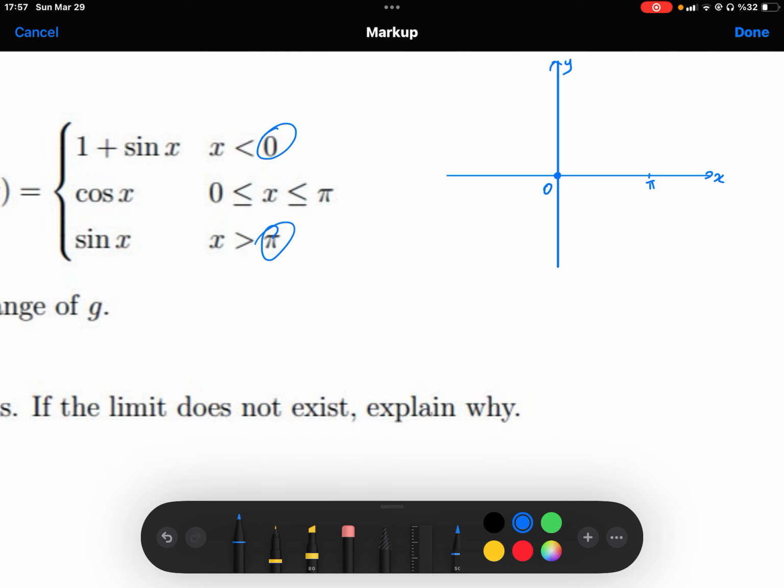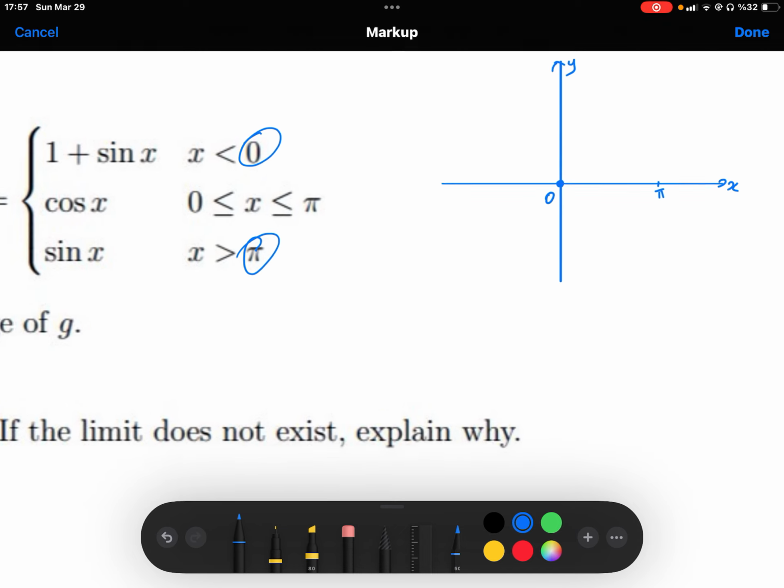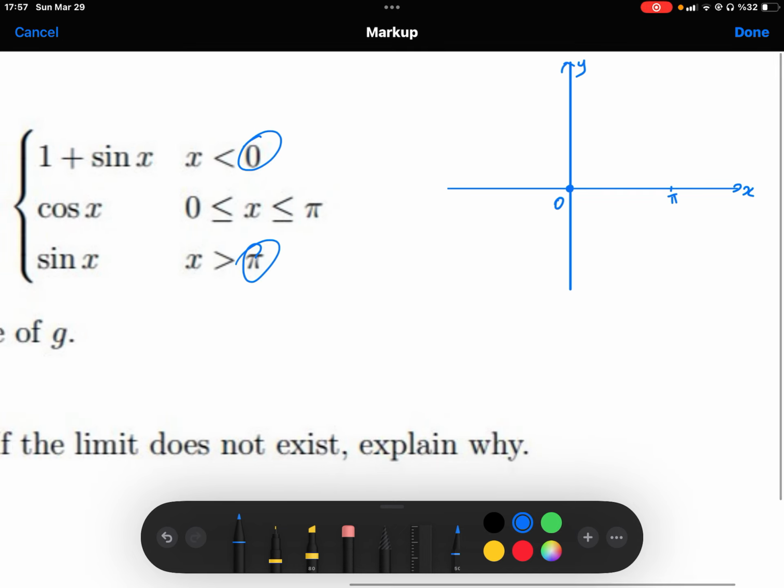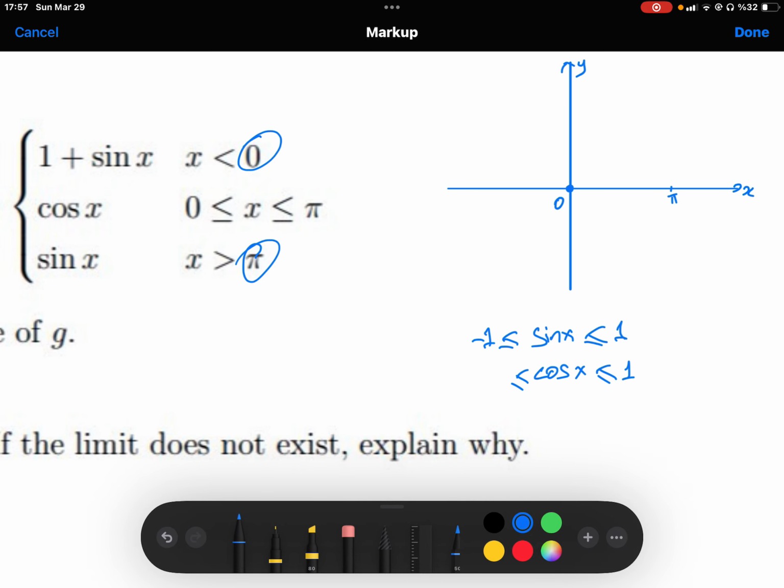As you know, sine of x is between minus 1 and 1, which are included. And the same for cosine x, between 1 and minus 1.